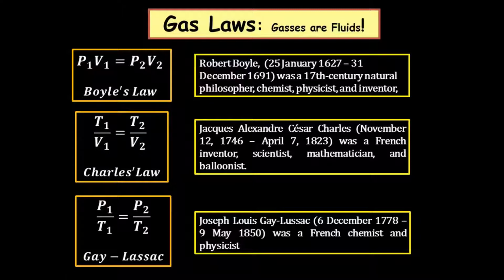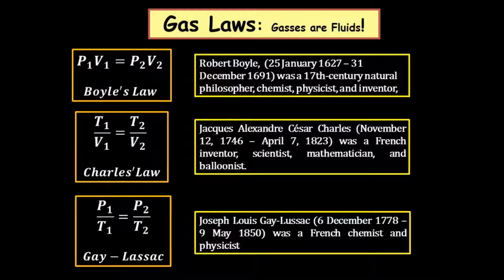Robert Boyle, those are his birth dates. He was a 17th century natural philosopher, chemist, physicist, and inventor. Charles, Jacques Alexandre César Charles, was a French inventor, scientist, mathematician, and balloonist. Actually, Gay-Lussac got a lot of his work published.